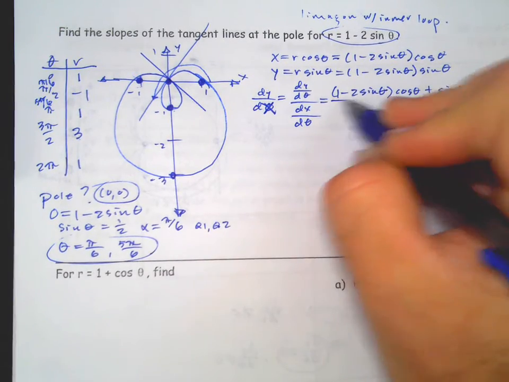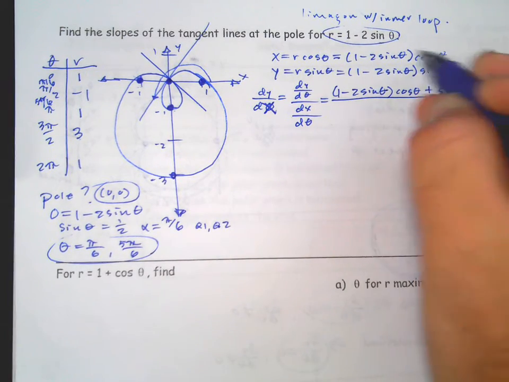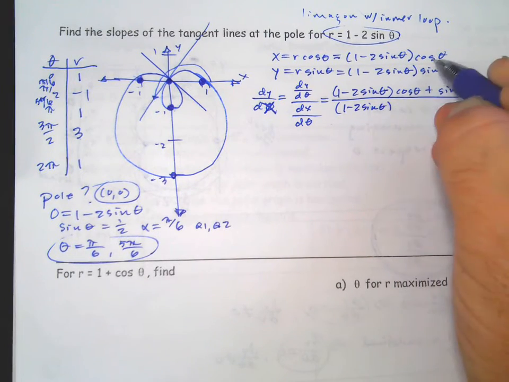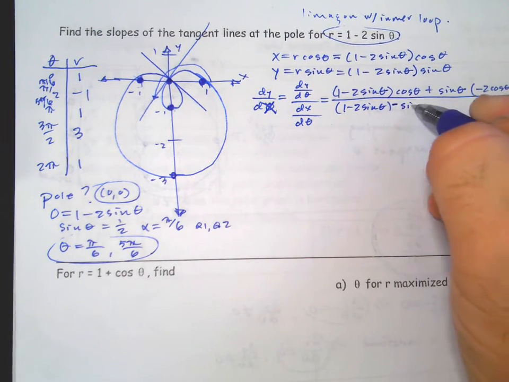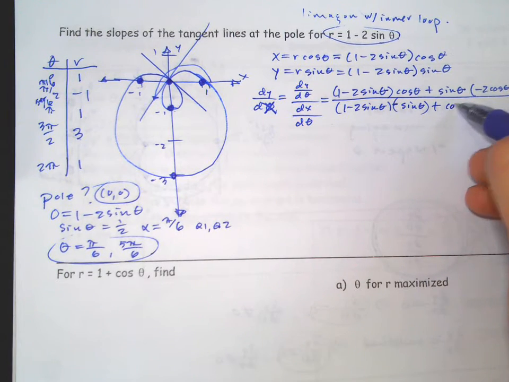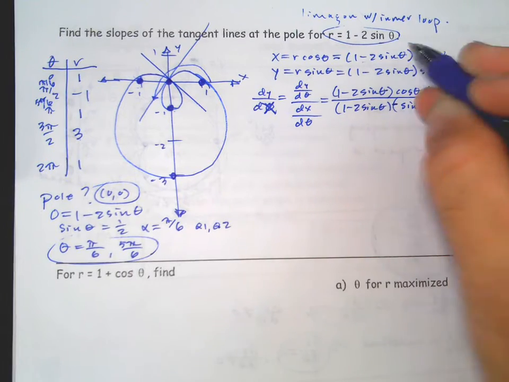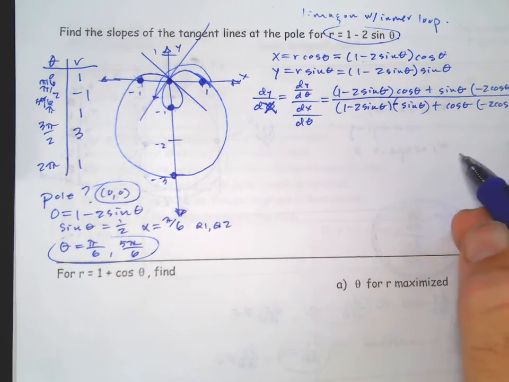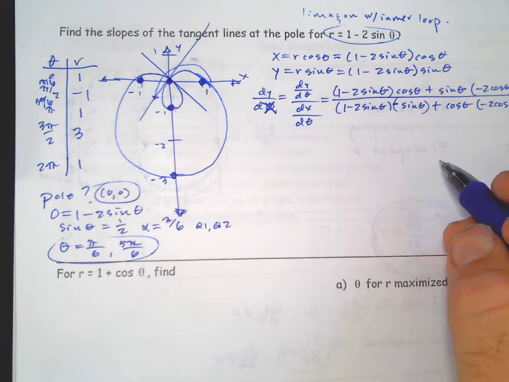Product rule. The bottom is going to be 1 minus 2 sine theta. Cosine is negative sine. And then cosine times derivative of that, it's going to be negative 2 cosine theta.